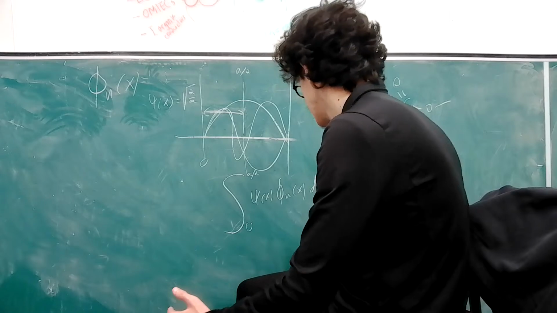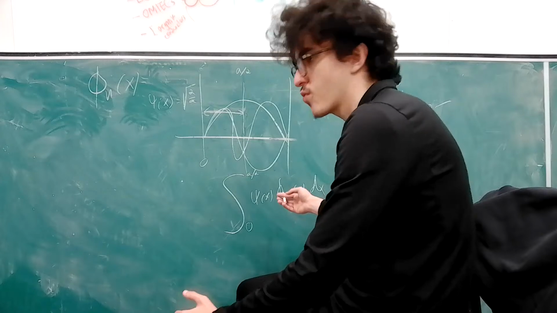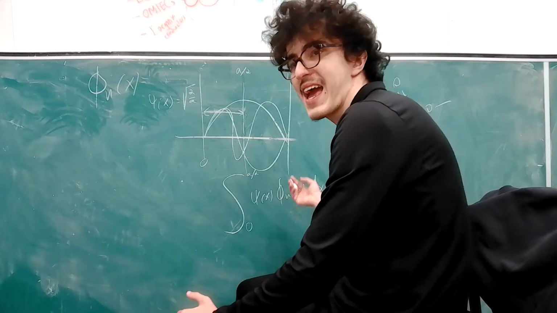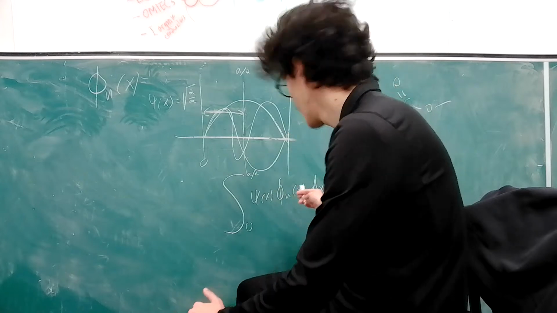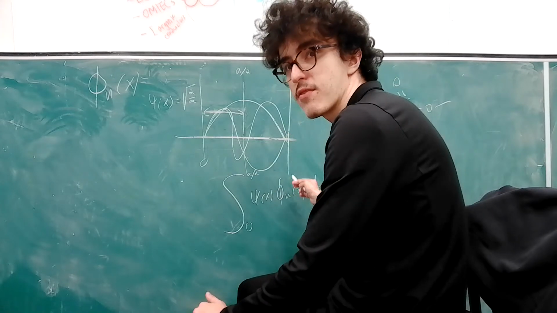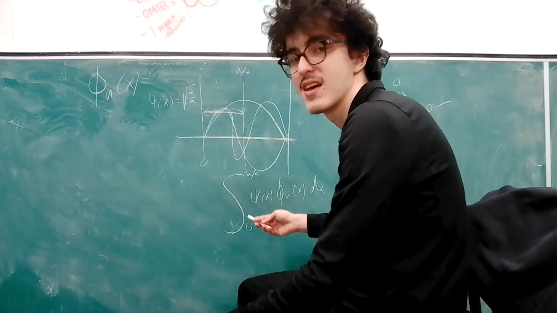If you actually go through the math, there are two ways of doing it: either substituting the n in and doing this integral for the ground state function and then the first excited state function, or you can just keep the n in and substitute it later.